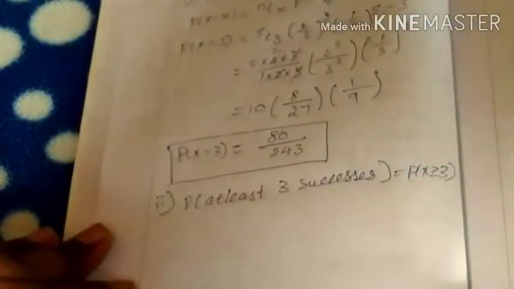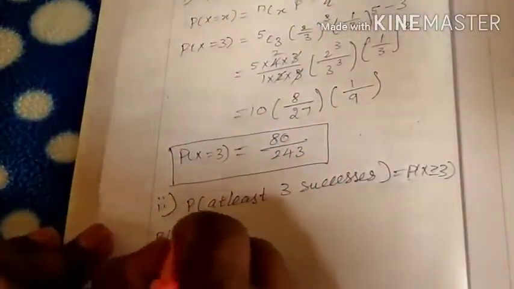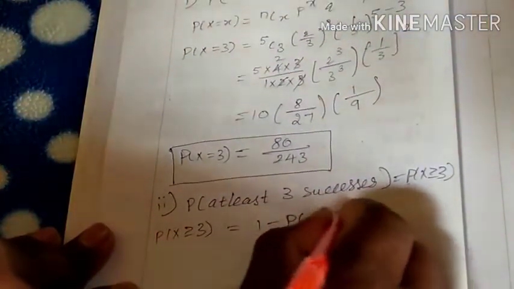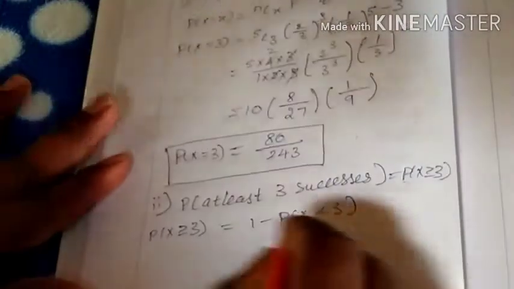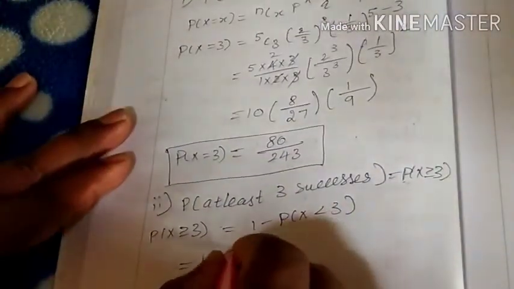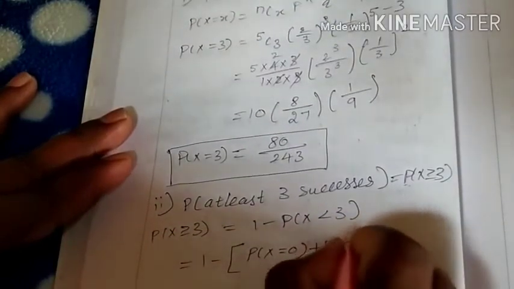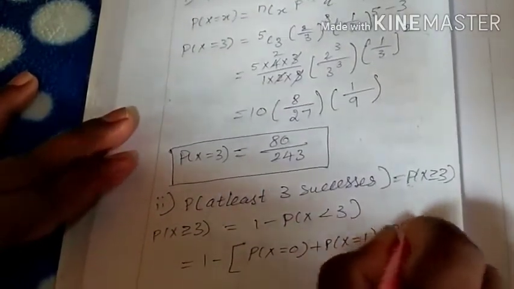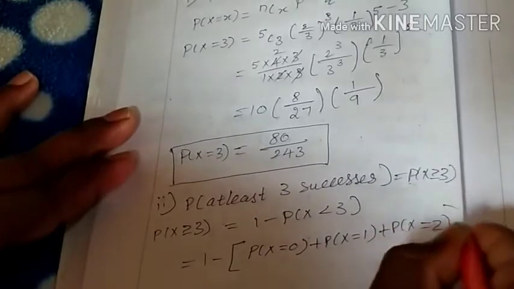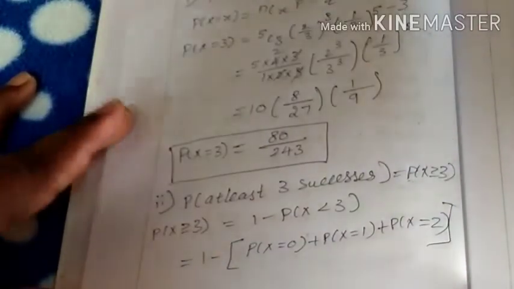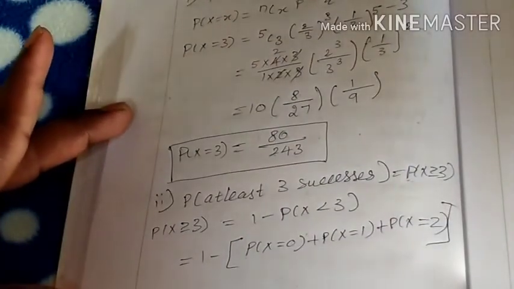Already known, so the P of x greater than or equal to 3 is equal to 1 minus P of x less than 3. And 1 minus P of x less than 3 means P of x is equal to 0 plus P of x is equal to 1 plus P of x is equal to 2. So that's all for the P of x less than 3. Okay, below 3 values only.